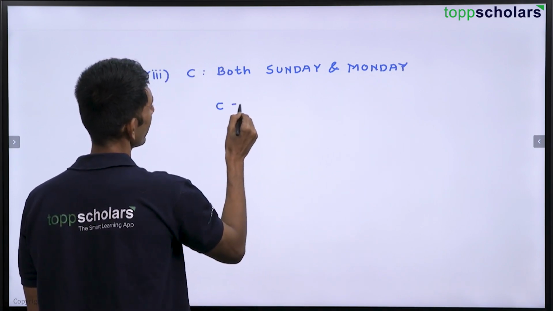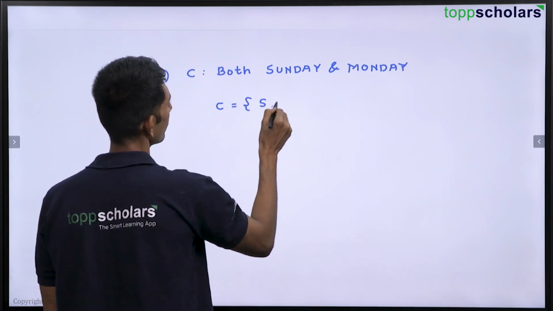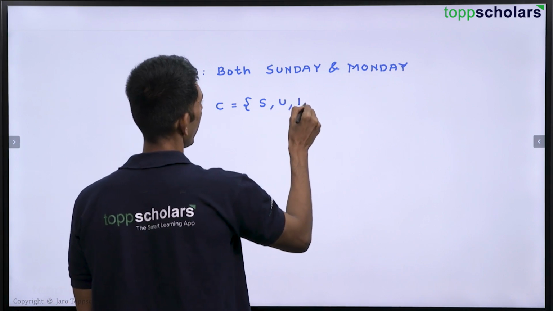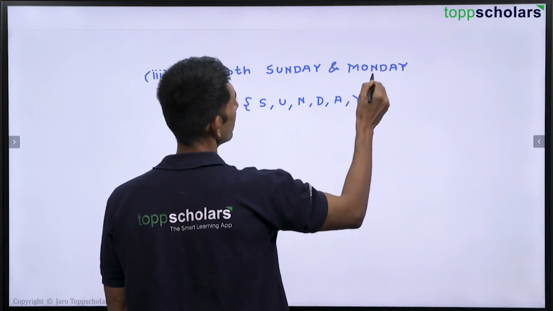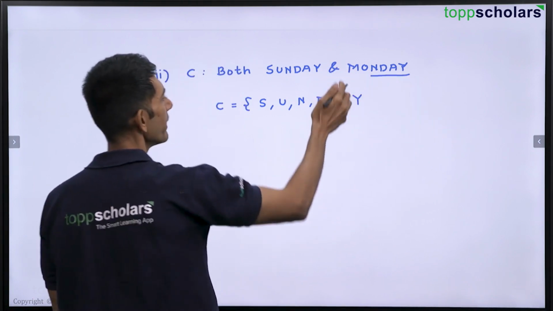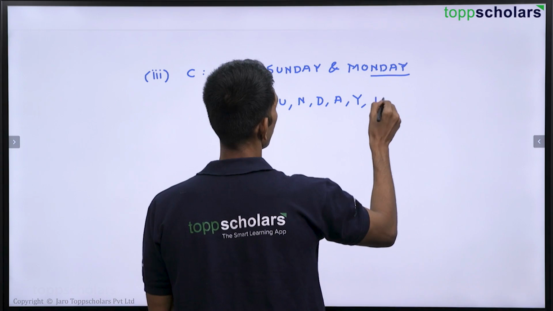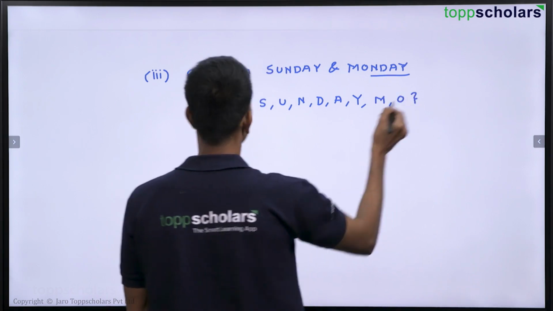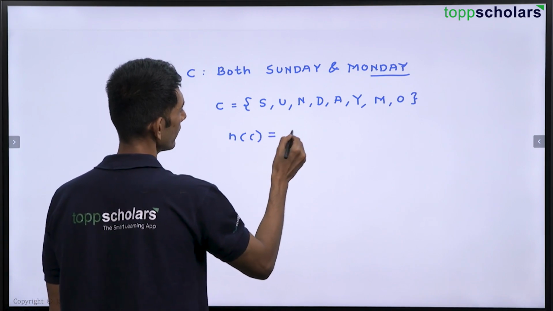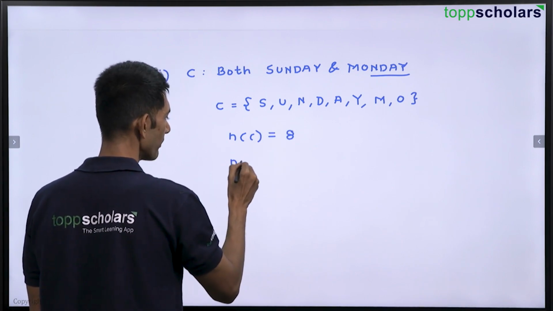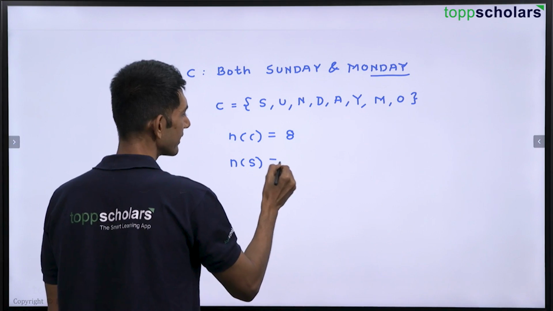So in event C, can I say I'll have S, U, N, D, A, Y. See, N, D, A, Y I have already taken. So M and O. M also, O also. And this is nothing but all the 8 letters. And n of S, if you remember, had the same 8 letters.